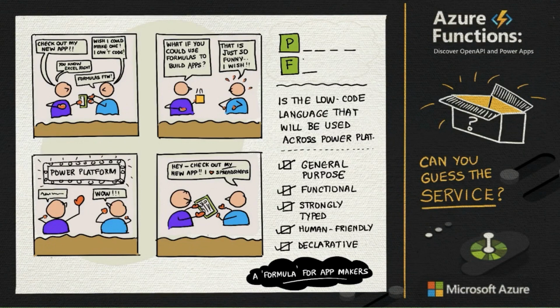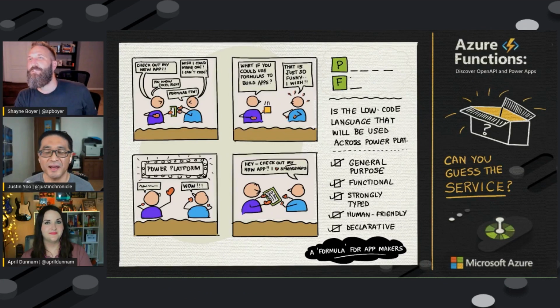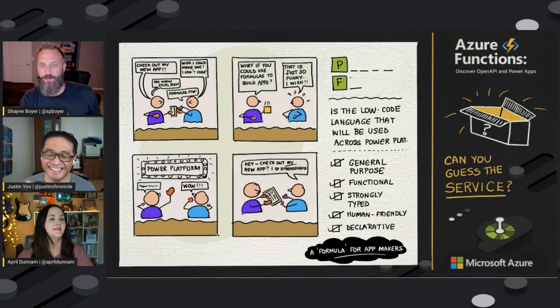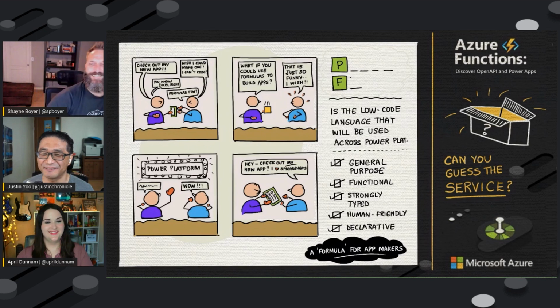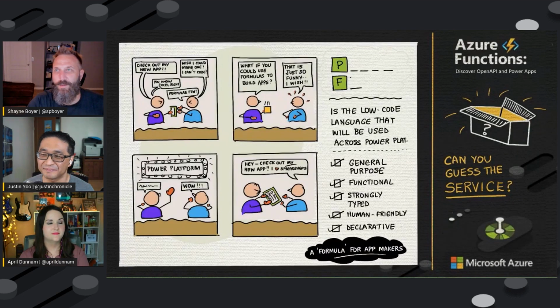So, all right, what if I can use formulas? Oh, I know what this one is now. Justin, do you know what it is? I almost said power flow, but there's not enough letters. That's something else that's there.